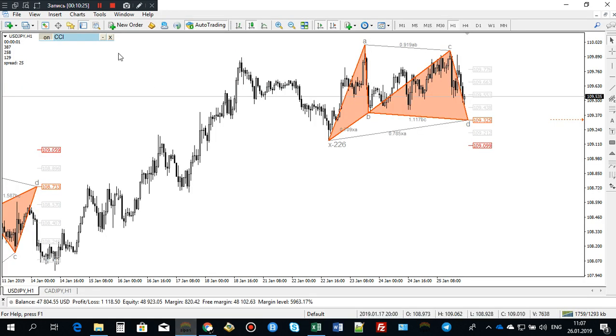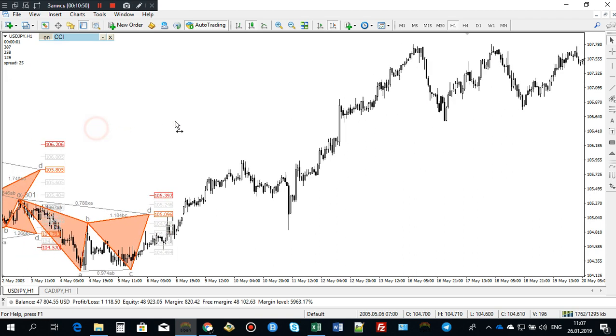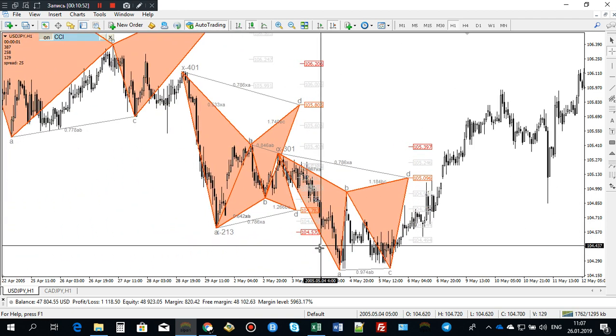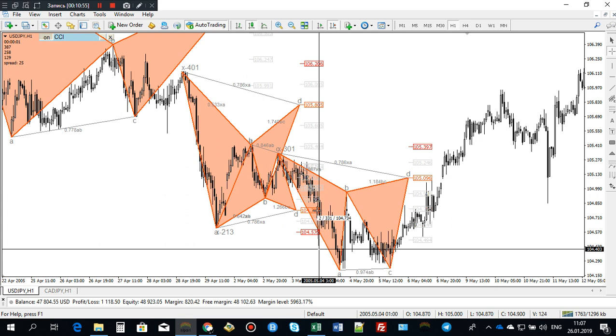So let's make sure that we are running commodity channel index with the same parameters, $yen 1 hour, and we press space on our keyboard, Control V to paste that, at 3 am at night. Oh sorry guys, disable auto scroll, and one more time, and here's the pattern. You see, at 3 o'clock it was here. Here was the pattern at 3 o'clock.